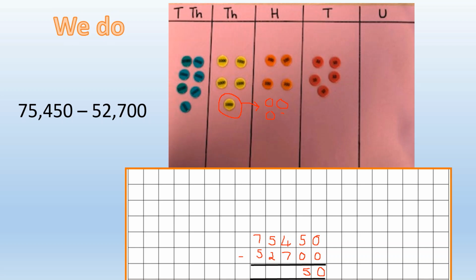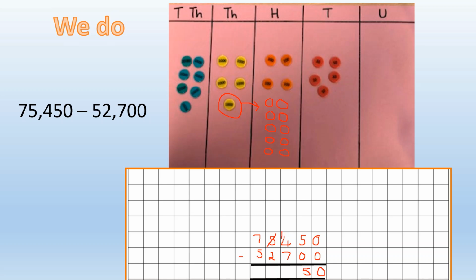300, 400, 500, 600, 700, 800, 900, and 1,000. So let's represent that on our calculation at the bottom. We're going to borrow and exchange 1,000 from here, and we're now going to bring it over here.